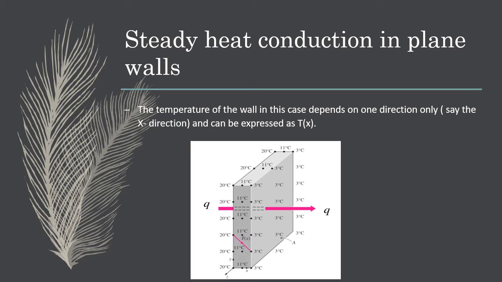The temperature of all the sides, or we can say parts, is different. The starting part is 20 degrees Celsius and then it reduces to 11 and then 3 degrees Celsius. The heat transfer is constant, that is Q.